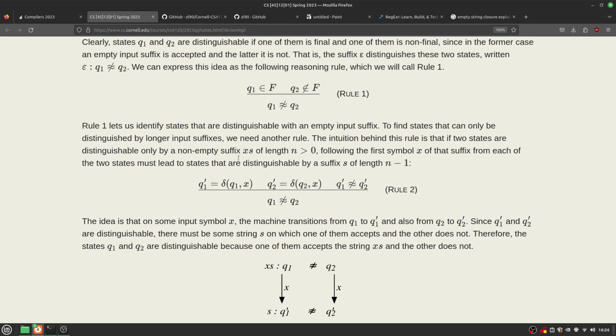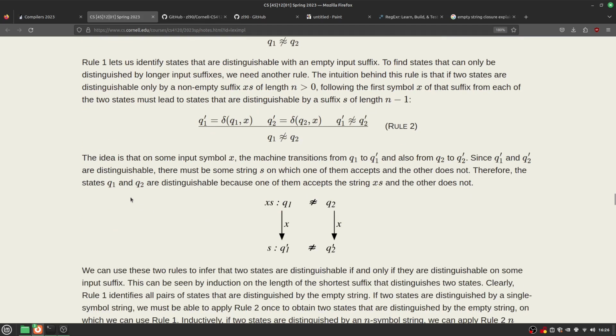That makes sense. If Q prime 1 and Q prime 2 are distinguishable, they're not equivalent, then Q1 and Q2 are not equivalent either.